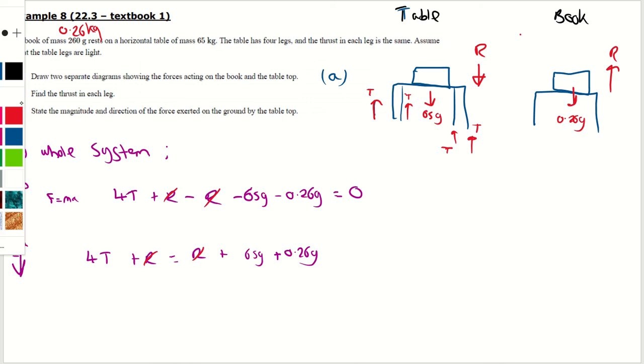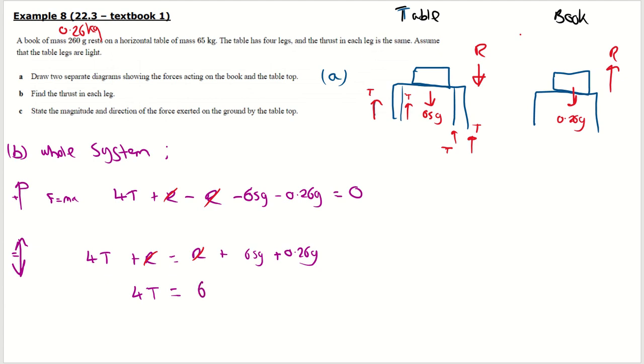So if you use the equilibrium, you'll get that 4T equals 639 point something, and T will equal something around 160 newtons. So that's the thrust in each leg, which is why it's important you split into the T's. Again, this is really a reaction force. I know they've called it thrust, but it's the reaction between the ground and the object.